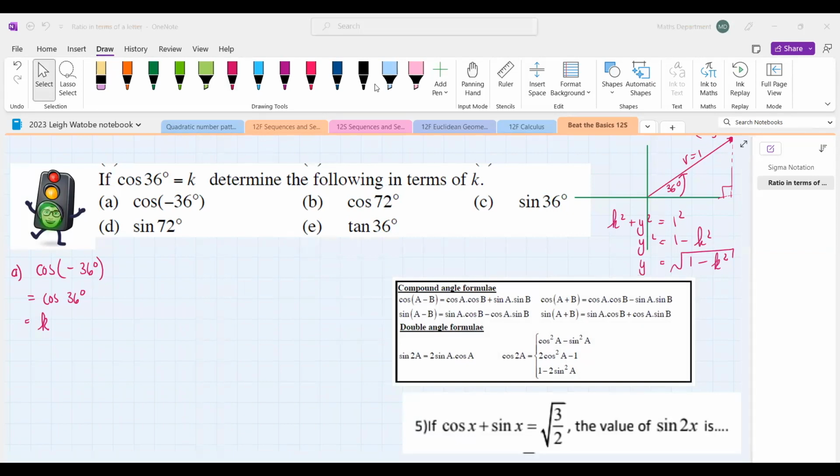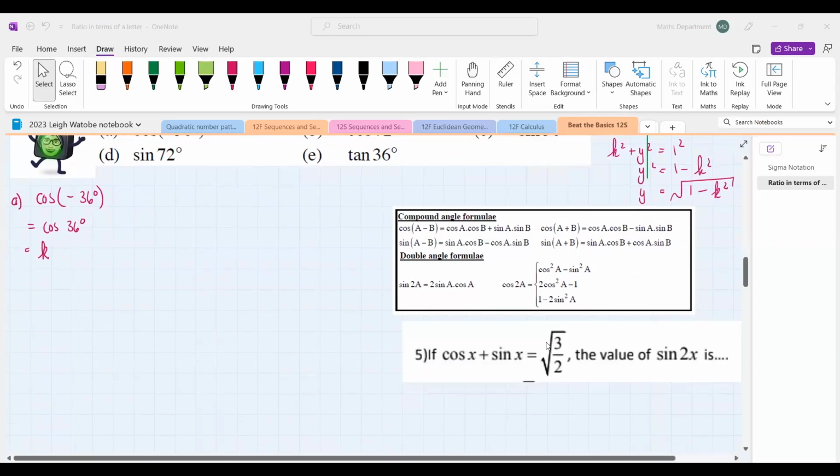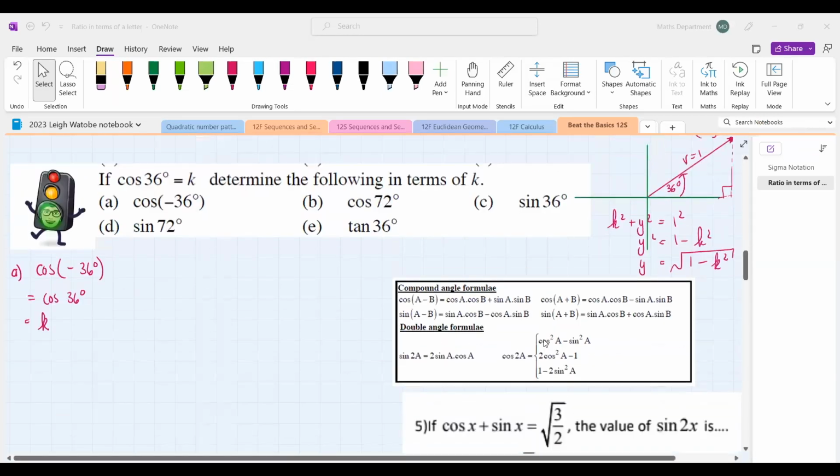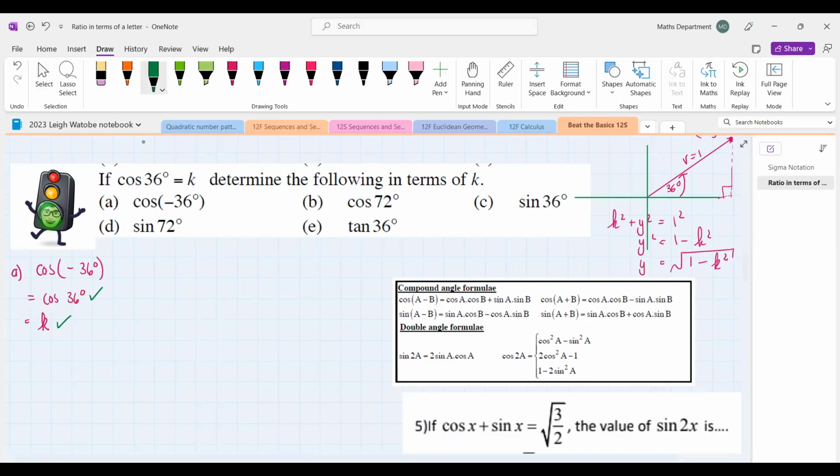And please scroll down, Swanaka. Okay, so cos minus 36 is fourth quadrant, so it reduces to positive cos 36, and you would have just written your answer as K. Your answer for A should just be K.